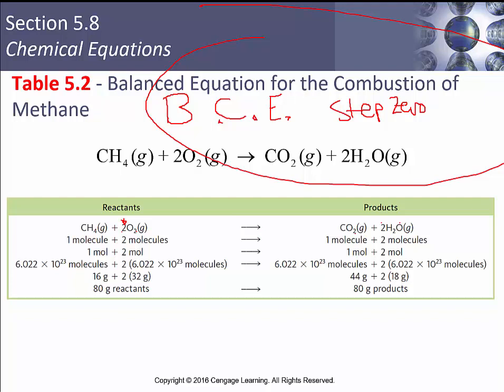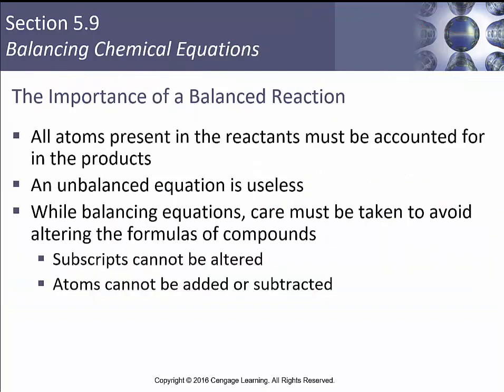Now, like I said, these are really important. It represents that all atoms present in the reactants have to be accounted for in the products. An unbalanced chemical equation is not useless, but it is of limited utility. When balancing chemical equations, care must be taken to avoid altering the chemical formulas of the compounds.